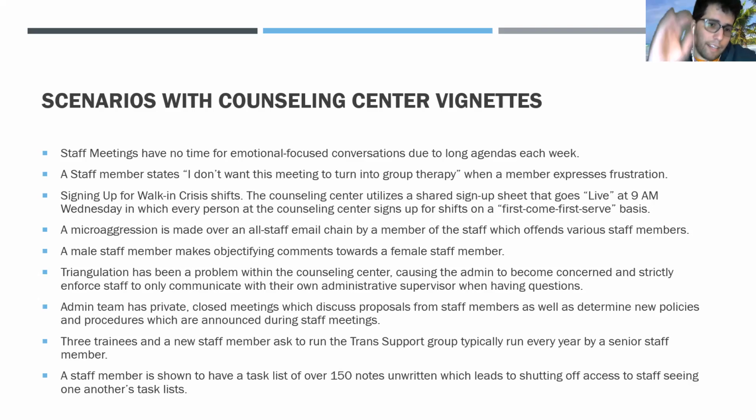And lastly, a staff member shown to have a task list of over 150 unwritten notes, never had that before in my life, leads to us shutting off access to any staff or trainees seeing each other's task lists. This really hurts me and feels really sad, because I think some of the most meaningful moments in my counseling career were at USF, when people would see my task list being larger than it should be, and say, hey buddy, noticed that you were really struggling, wanted to check in and see how I could help.